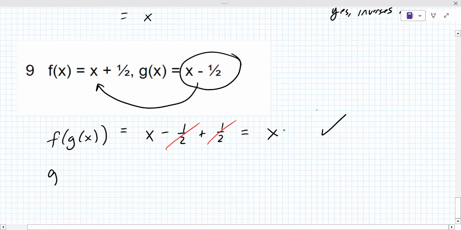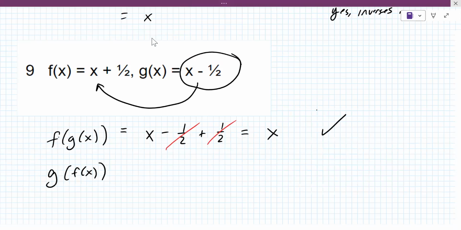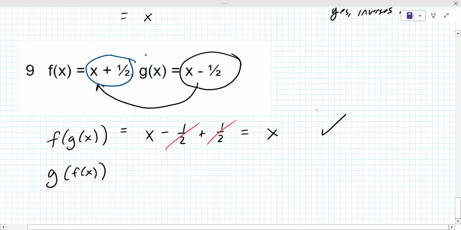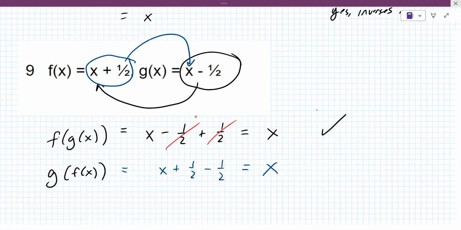But now we've got to go the other direction, g of f of x. And that means to take this one and put it in for x. All right, so we'll see. So that is x plus 1/2 minus 1/2, which does also equal x.